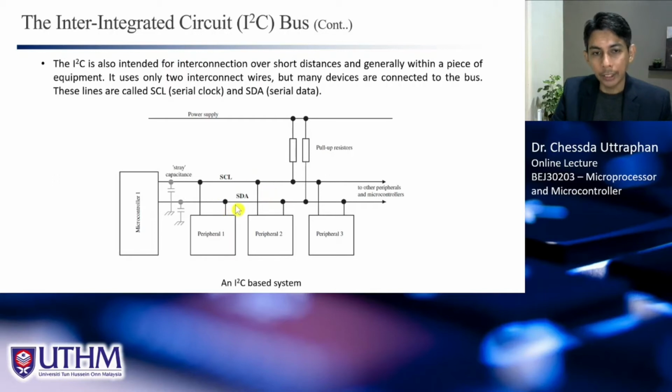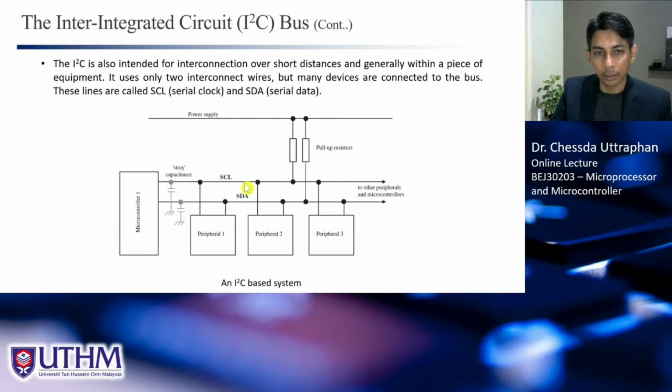But the difference now is that for the data we have only one line instead of 2 in SPI, where we have data out and data in. Here we use only one line for data, which means the communication between the microcontroller and the peripheral is bidirectional. It can be from the microcontroller to the peripheral or from the peripheral to the microcontroller.